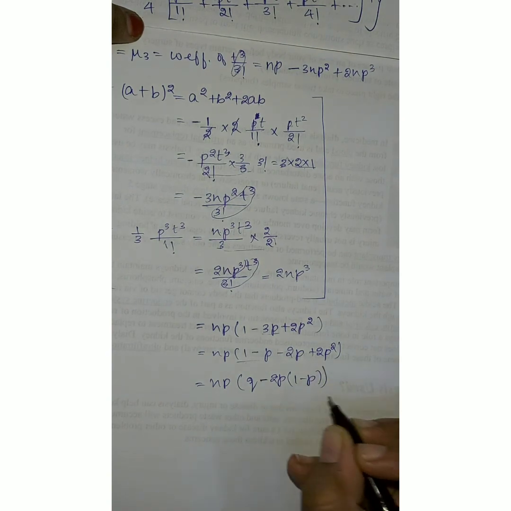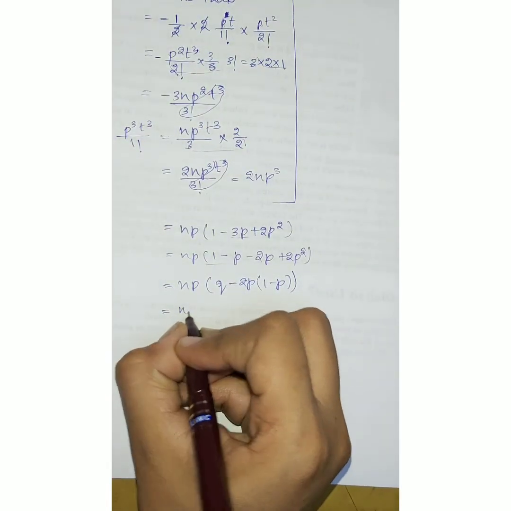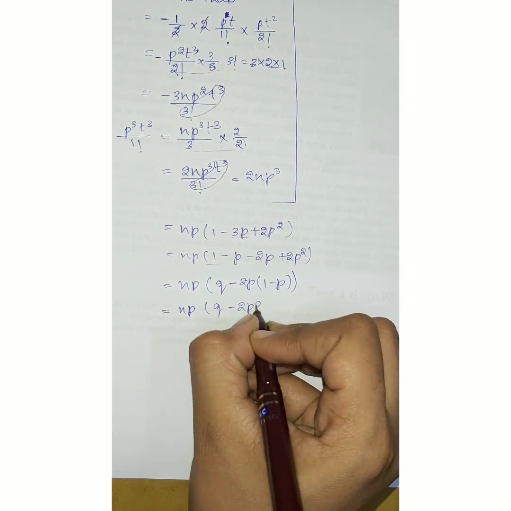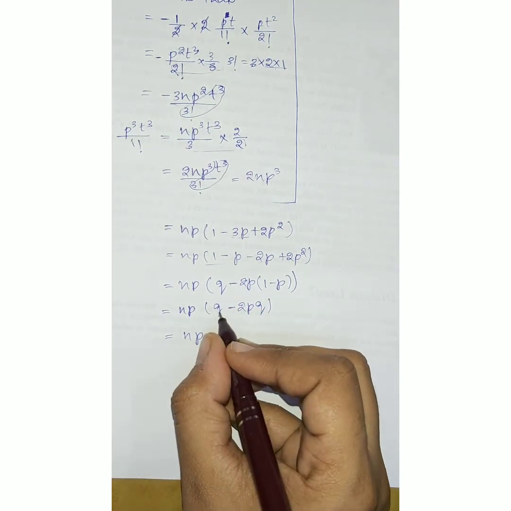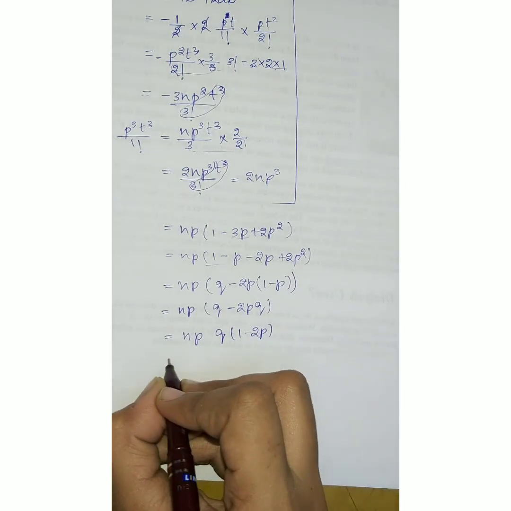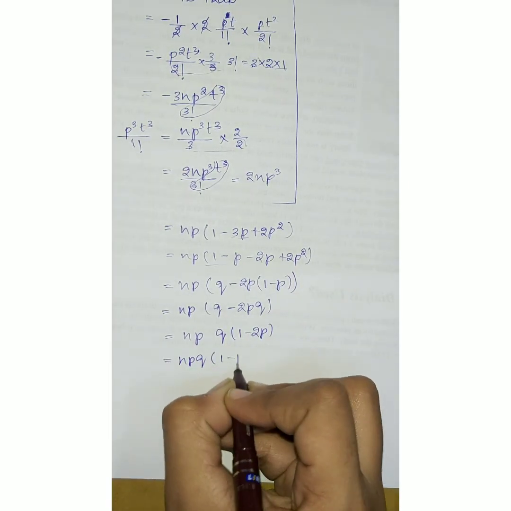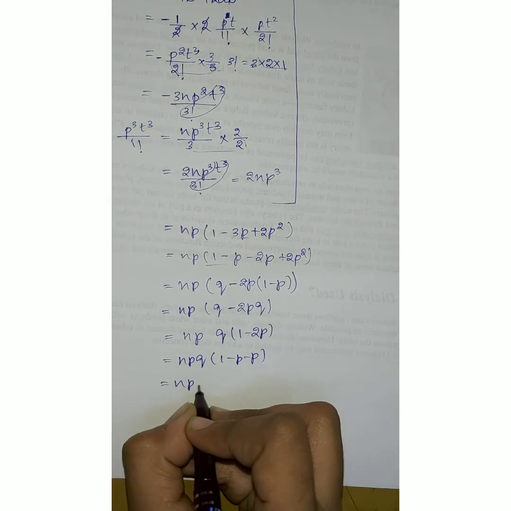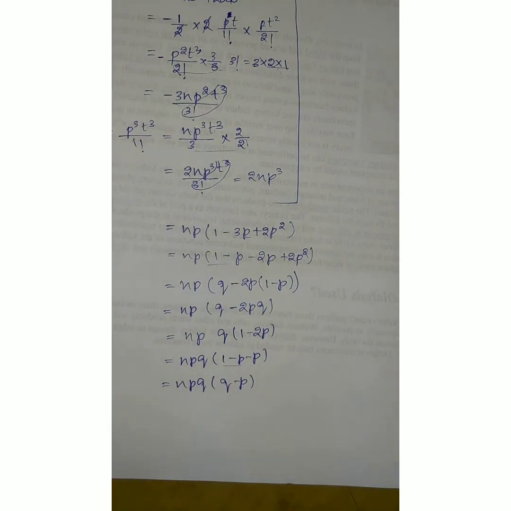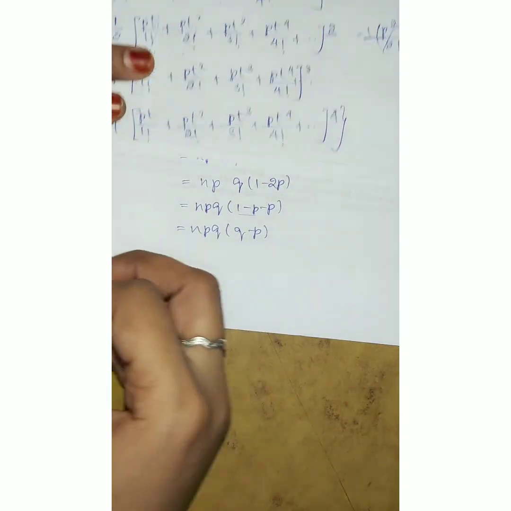Therefore, that is equal to np into q minus 2pq. Again taking q common, we get q into 1 minus 2p. Again separating minus 2p as 1 minus p and writing 1 minus p is equal to q, we get npq into q minus p.